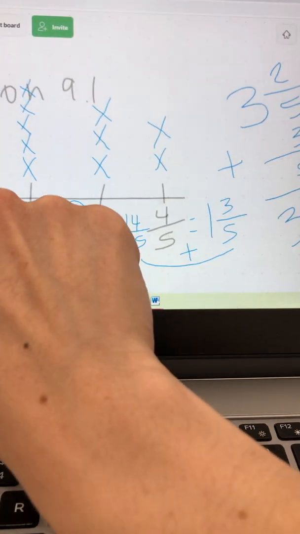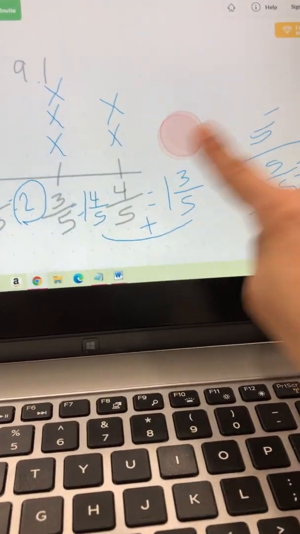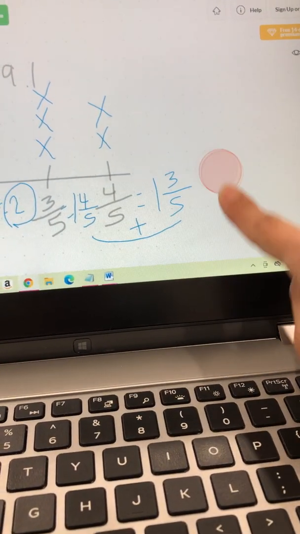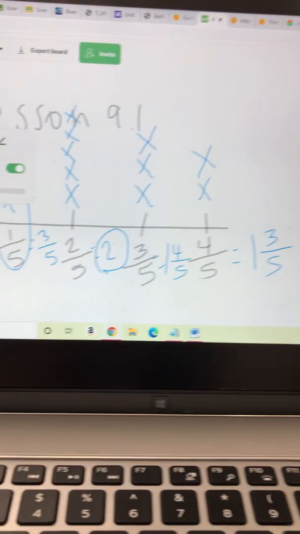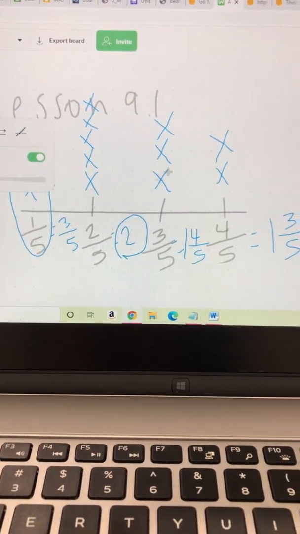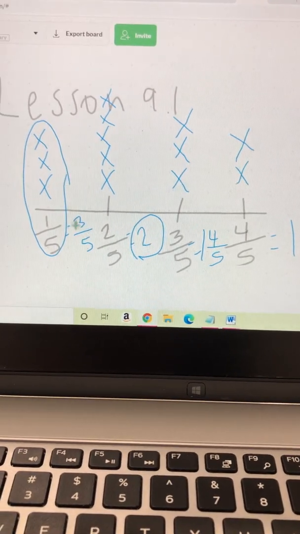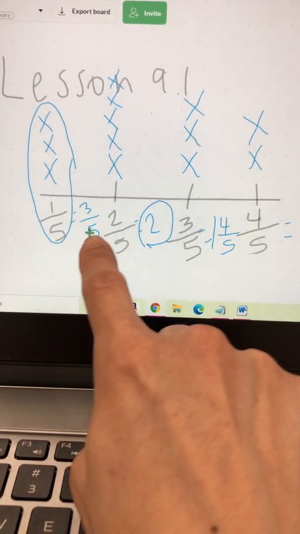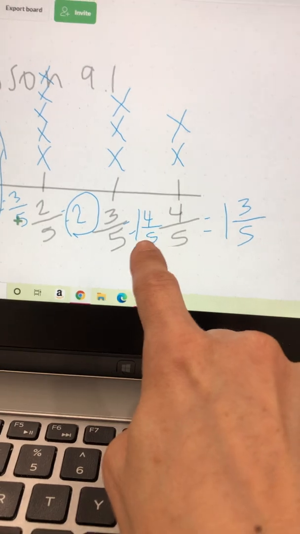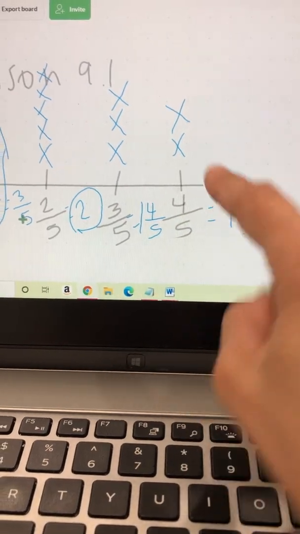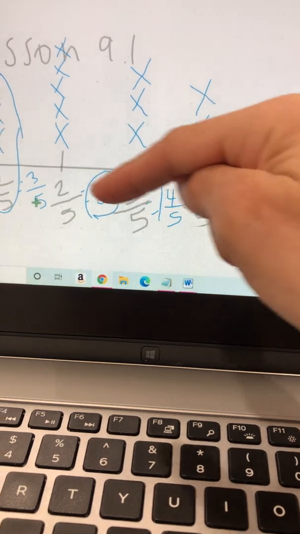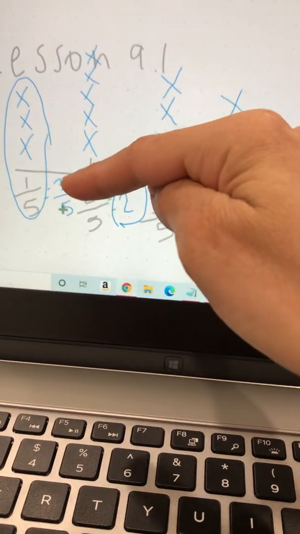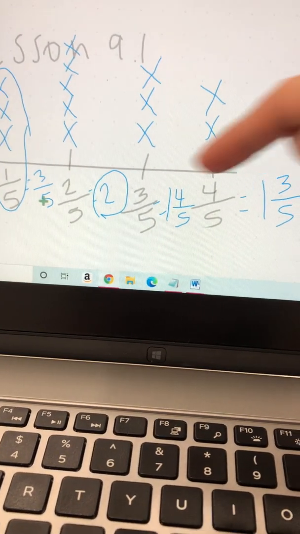Let me erase this section here, and this as well. Okay, so what did we do? Remember that in order to get this number, this number, this number, and this number, we added the x's for each fraction, and that's how we got these numbers in blue.